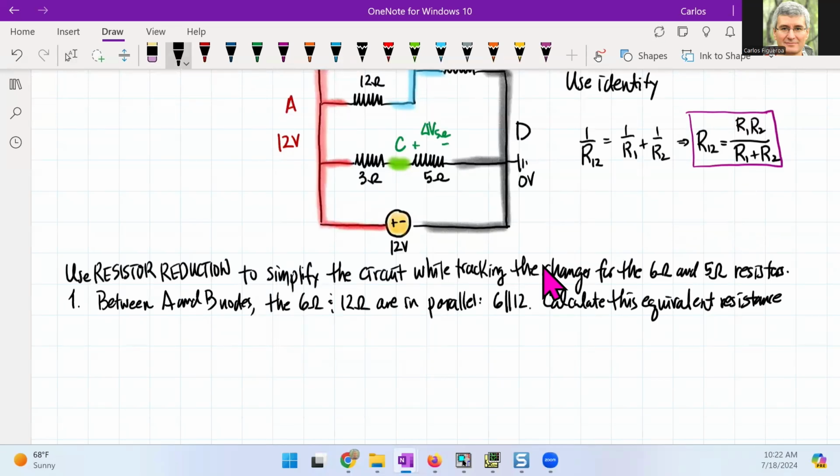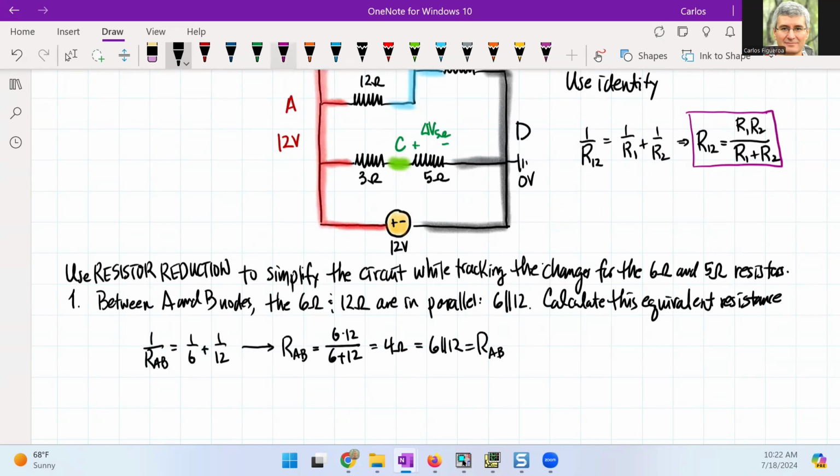The way we typically do it is R_AB is 1 over 6 plus 1 over 12. But if you use that identity, I take both resistors and add them in the denominator, and multiply them in the numerator. When you do that, you get a 4 ohm resistor. So 6 parallel to 12 is the resistance R_AB. So now I have that resistor.